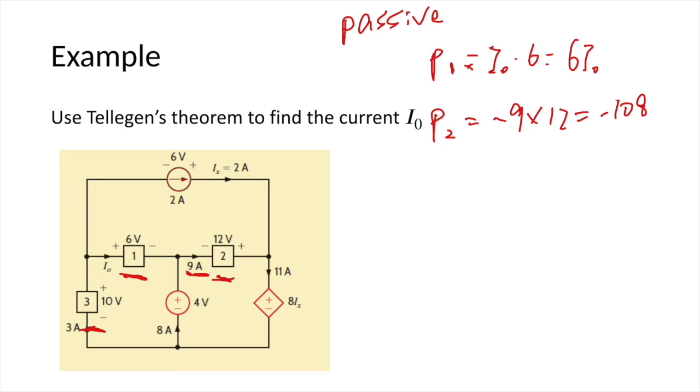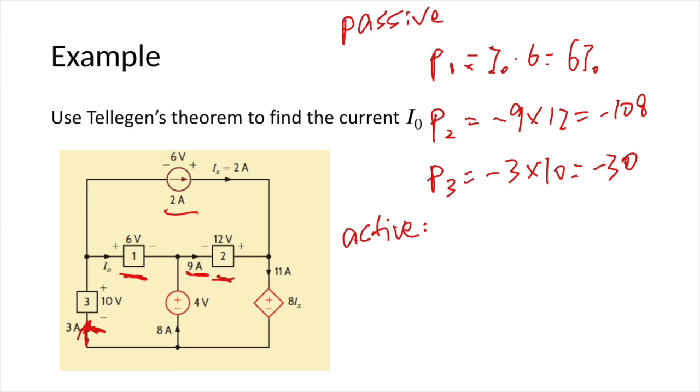And for element 3, it also does not satisfy the passive sign convention, so P3 equals negative 3 times 10 equals negative 30. That's the power absorbed by the passive elements. How about the active elements? We have one independent current source, one independent voltage source, and one dependent voltage source.